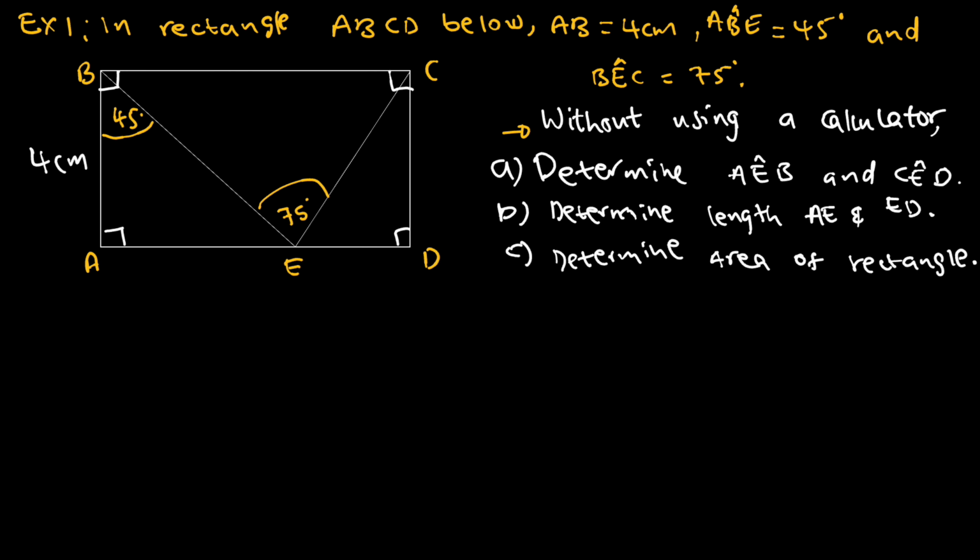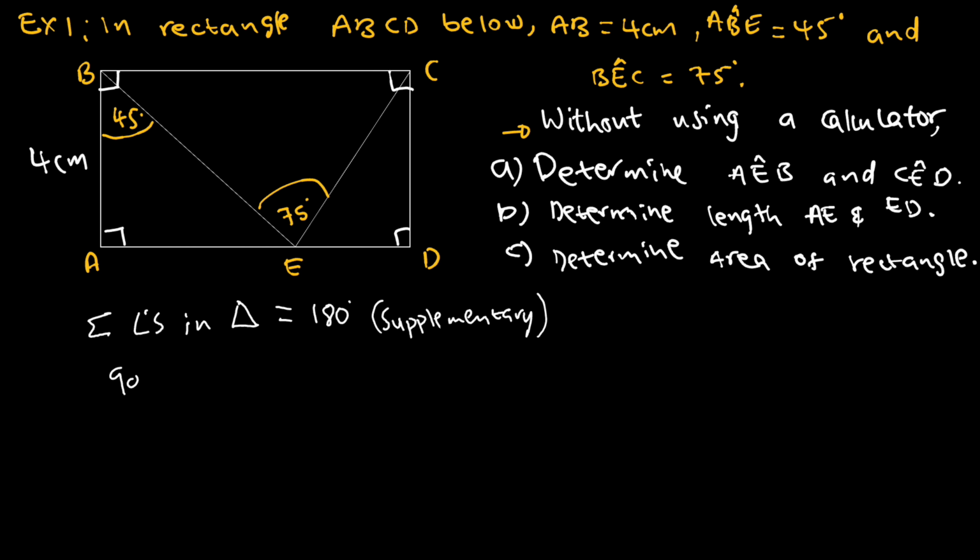Okay. So first things first, you need to understand that the sum of angles in a triangle is equal to 180 degrees. Or you can say that they are supplementary. So when you add 90 degrees plus 45 and you add angle AEB, that angle over there, they should give you 180 degrees. Let's do that.